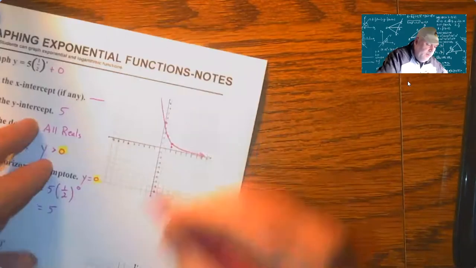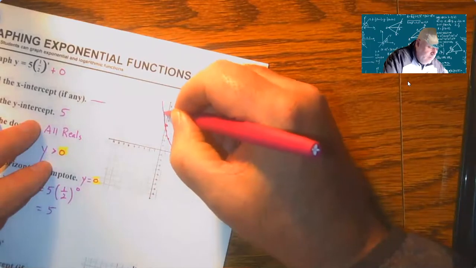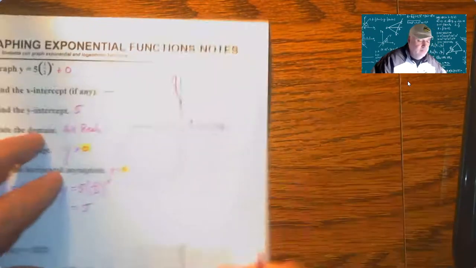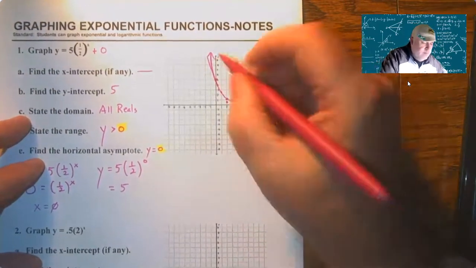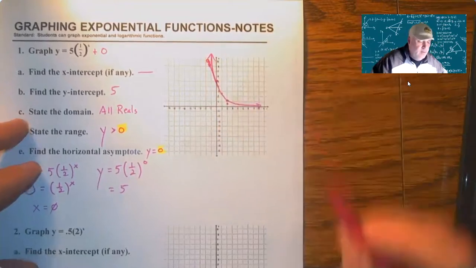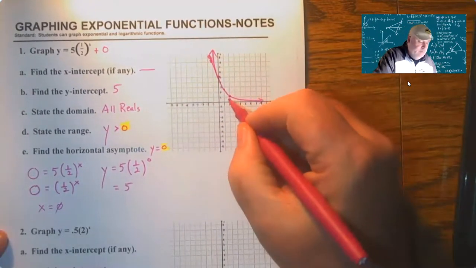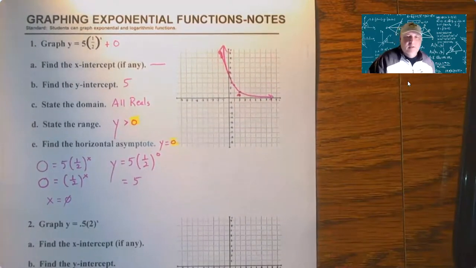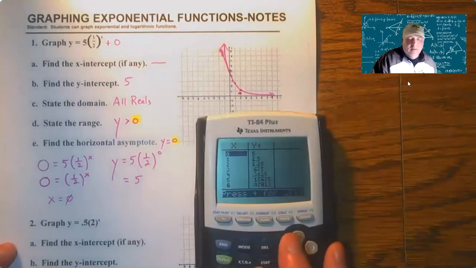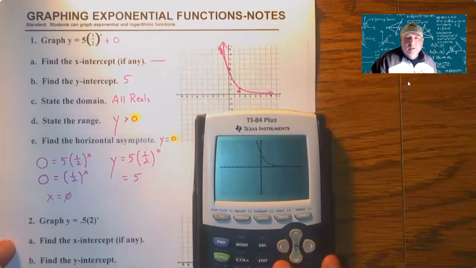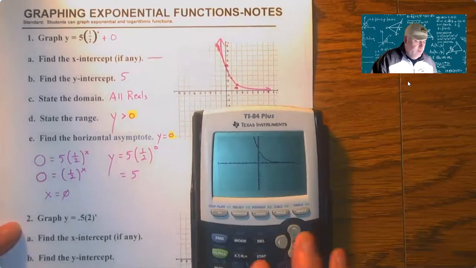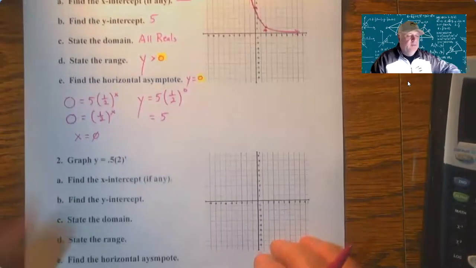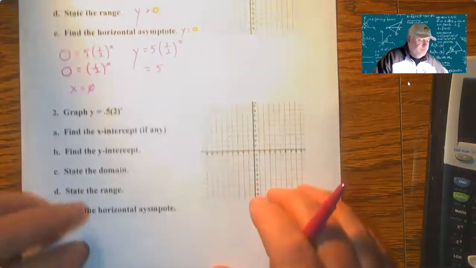You just need a couple of points to go through. This is a little bit off here. No, there. You might want to use a pencil when you do this. Just a couple of points, make it get really close to the horizontal asymptote, and that's essentially graphing exponential functions. It is not difficult, to say the least.